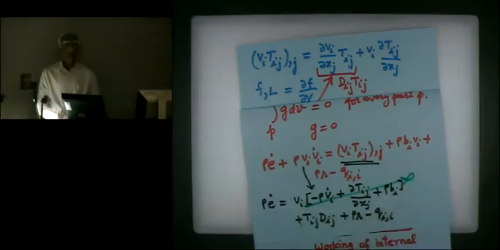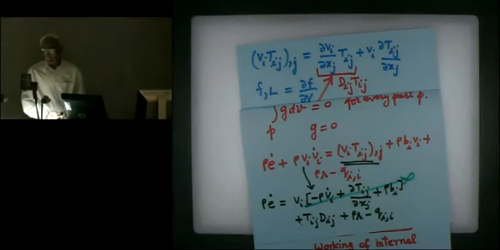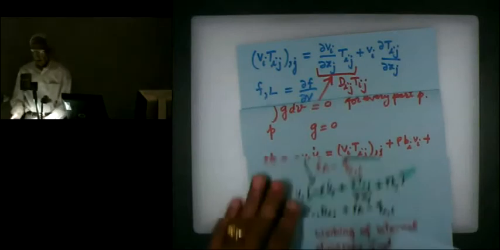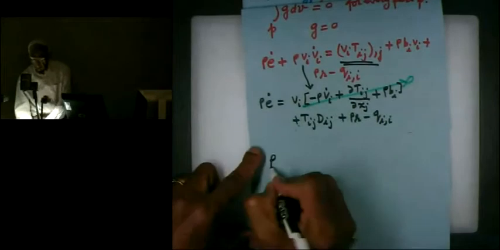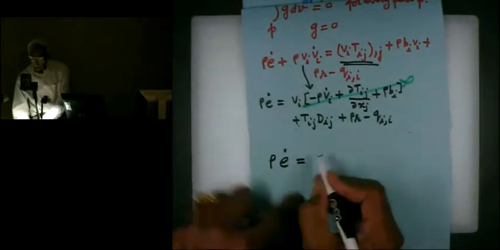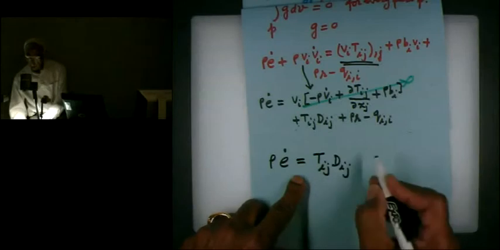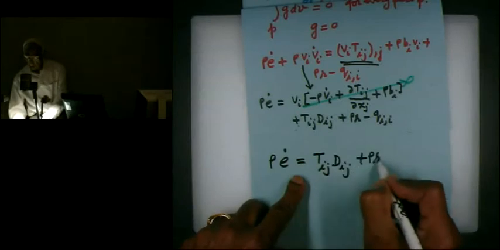And remember, every continuous body must obey the balance of linear momentum. So we can simplify our balance of energy. What we get then is the following: rho E dot equals Tij Dij plus rho R minus Qi comma i.